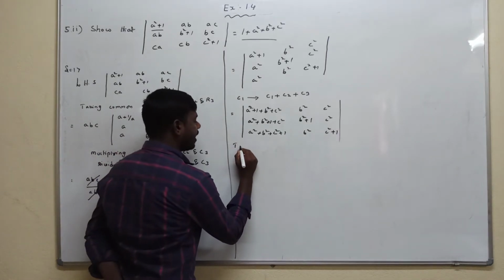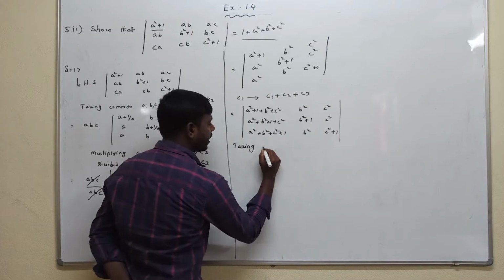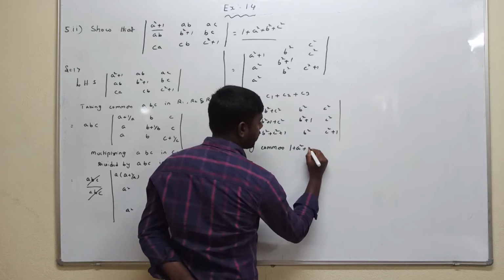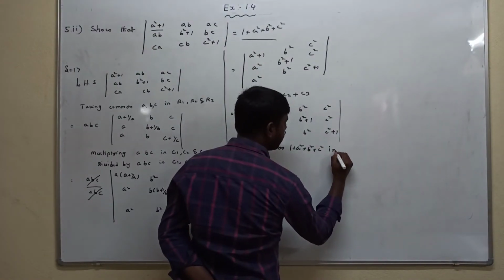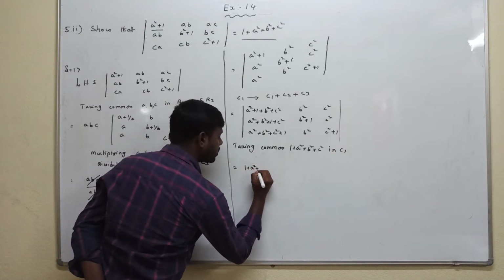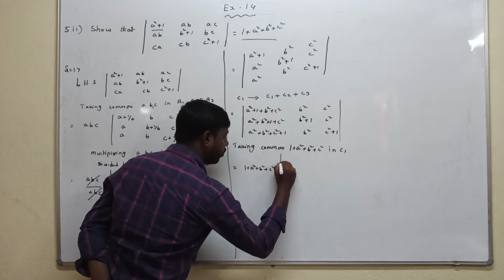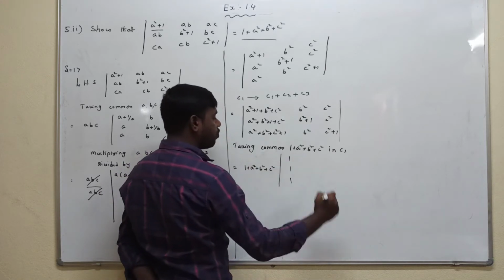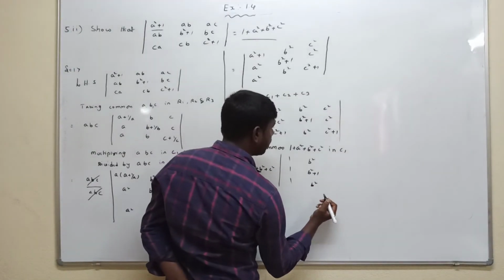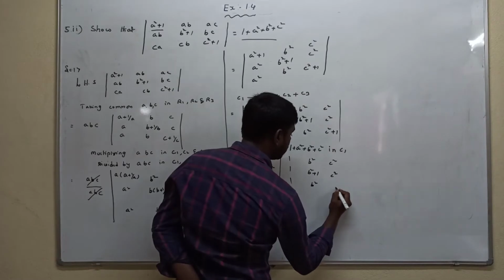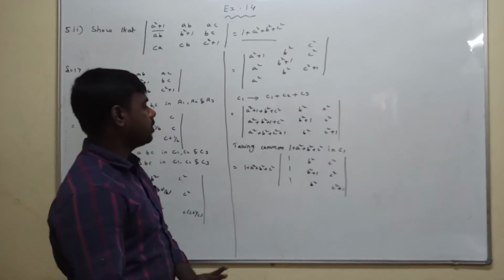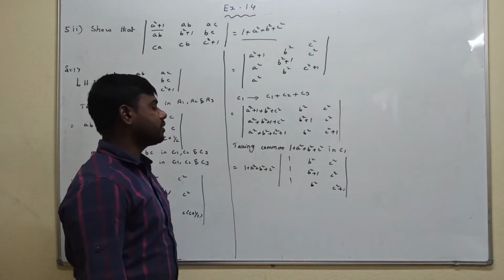That's why taking common 1 plus A square plus B square plus C square outside. What is left in the first column is 1, 1, 1. Then B square, 1 plus B square, B square, then C square, C square, C square plus 1.